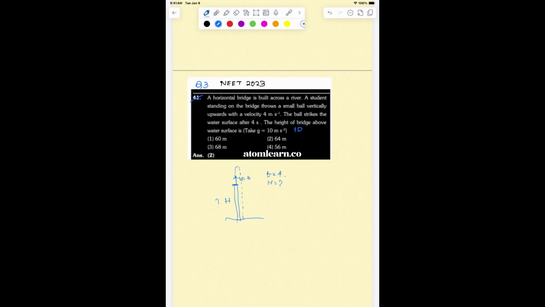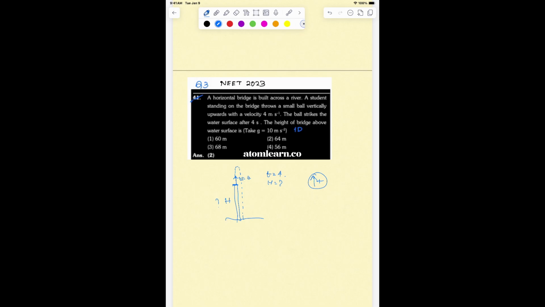Now we have to be careful, because in such situations you have to use the plus and minus signs very carefully. Usually we take upward as positive. It is not necessary to follow the convention every time; follow whichever is convenient. But generally, when there is a mix of the two directions, be careful.